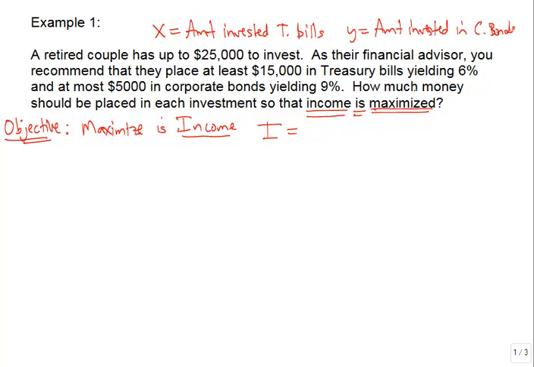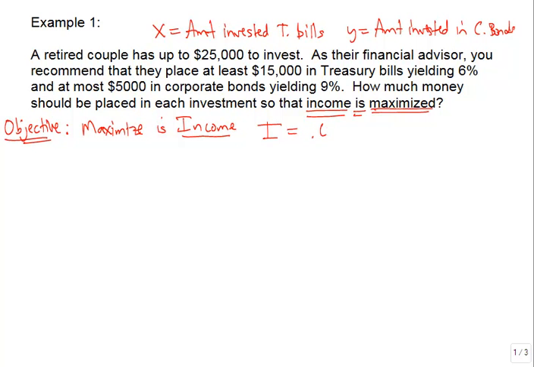If the treasury bills yield 6%, and you're investing X dollars, then the interest that you would earn from just the treasury bills would be the interest rate, written as a decimal, times the amount invested.